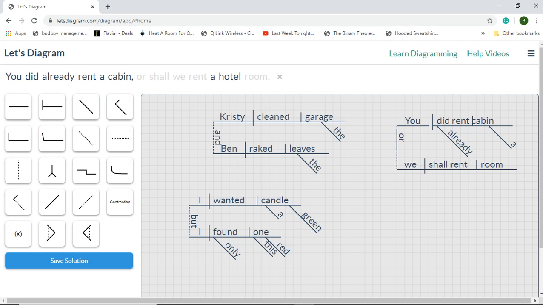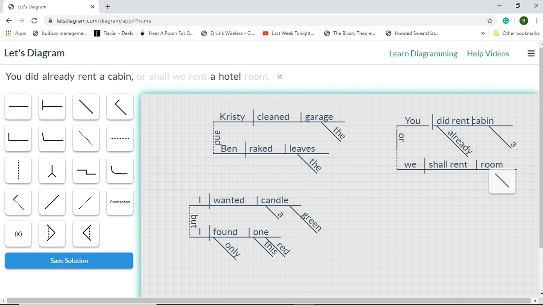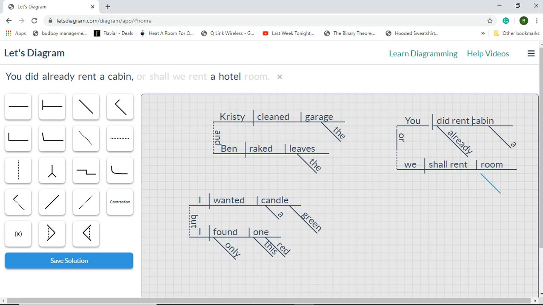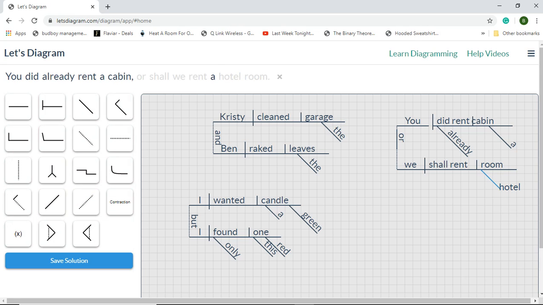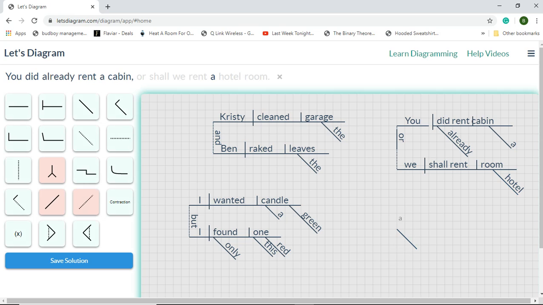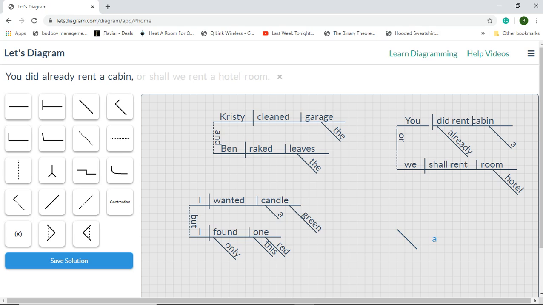And then we have two adjectives modifying room. What type of room is it? Well, it's a hotel room. And a is always an adjective, so it's modifying room. A hotel room. There we go.